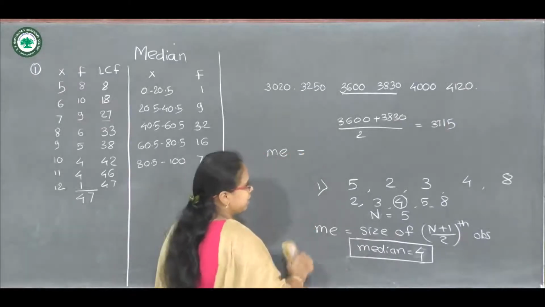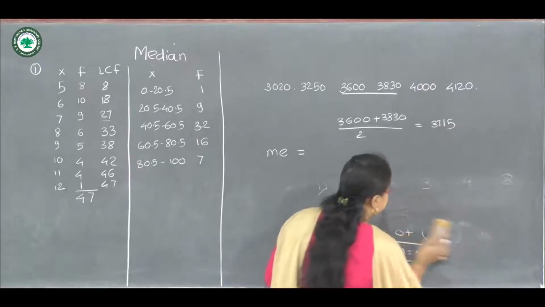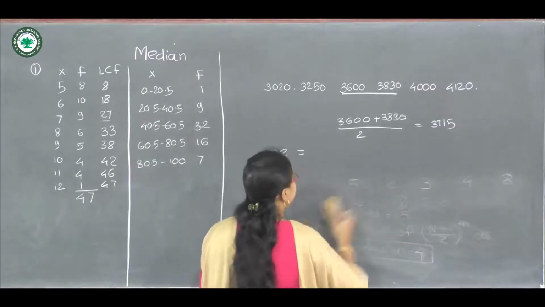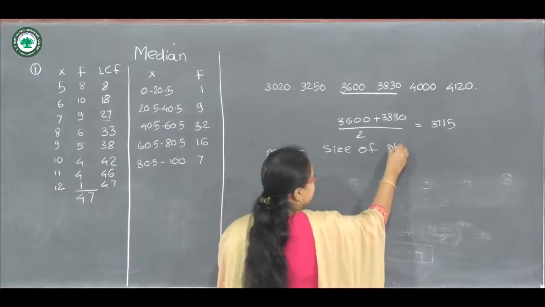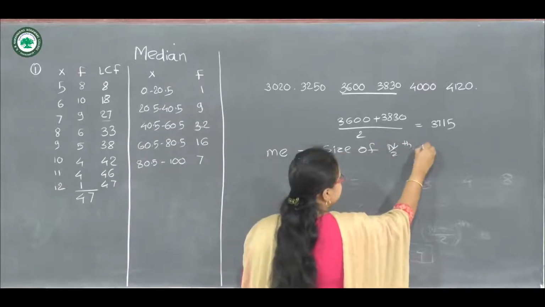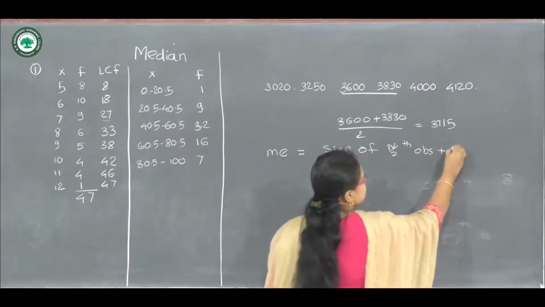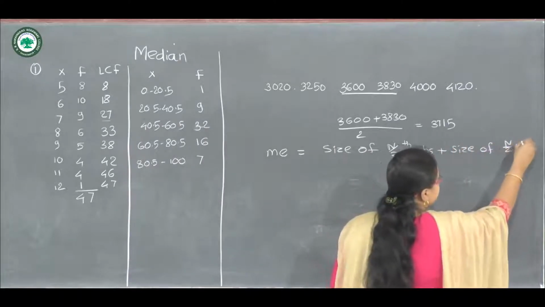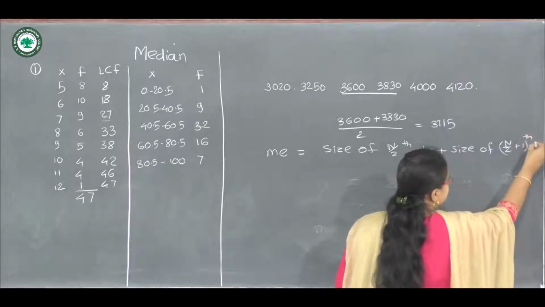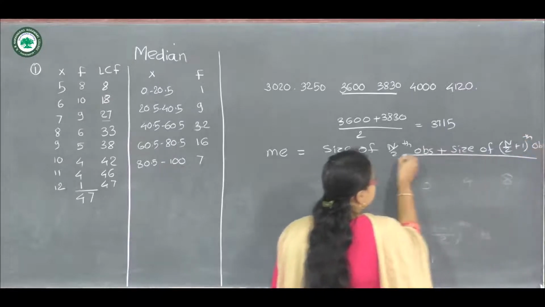Median can be calculated by using the size of n by 2th observation plus the size of n upon 2 plus 1th observation, divided by 2.